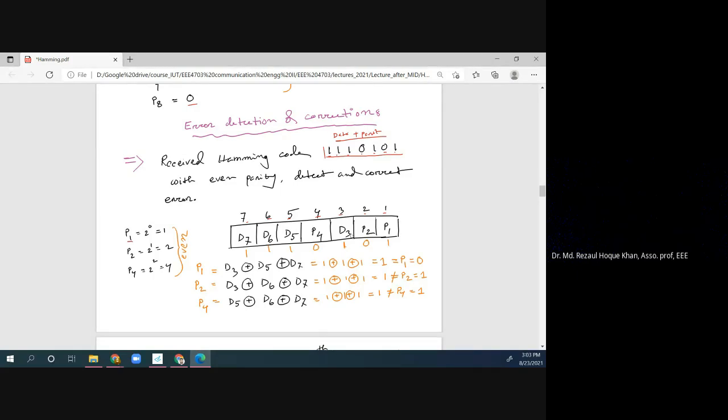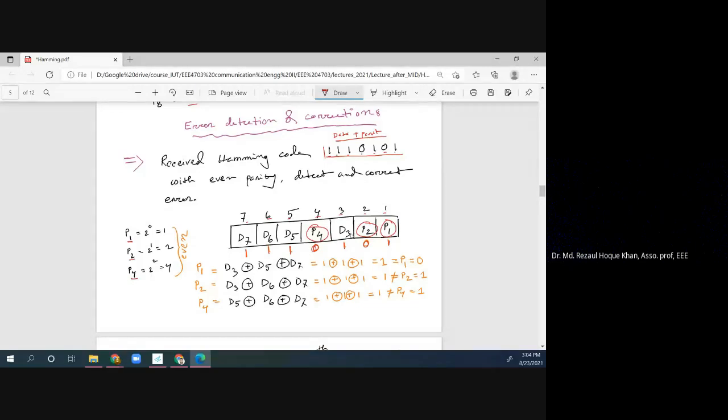Where will our parity positions be? We know from the previous example: positions 1, 2, and 4, and the others are data. So here this is 1 1 1 0 1 0 1. That is our total code.